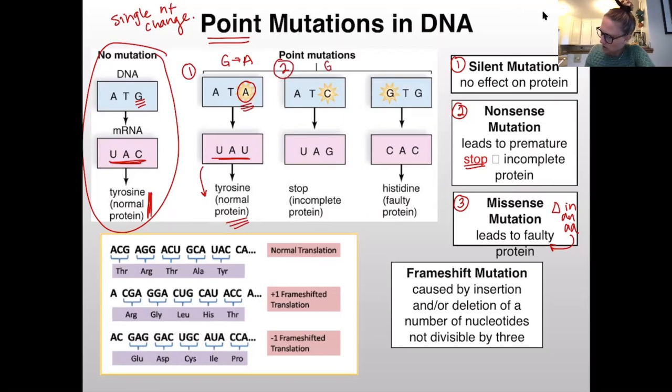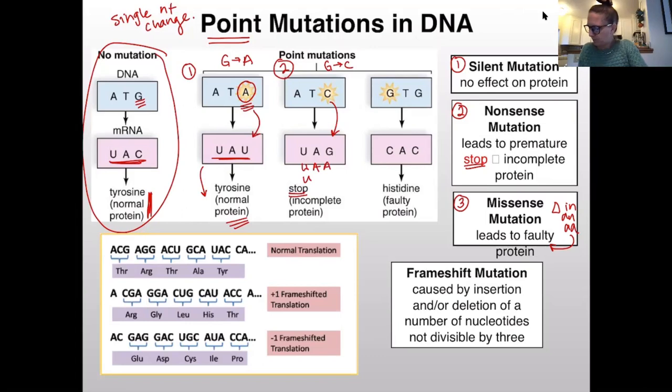That's a silent mutation. The second one is called a nonsense mutation. Here we had a G to a C, and what you'll notice is that that changed the codon, just like it changed in number one. However, what that codon was changed to was a stop codon, all right? So remember, you would have to look at that codon chart to see the stop codons, UAG, UAA, or what's the other stop?